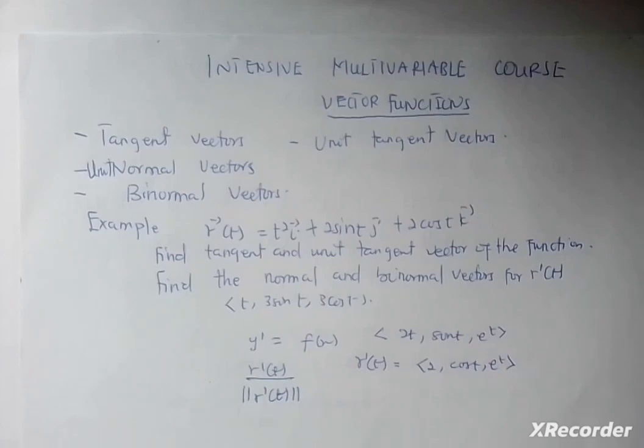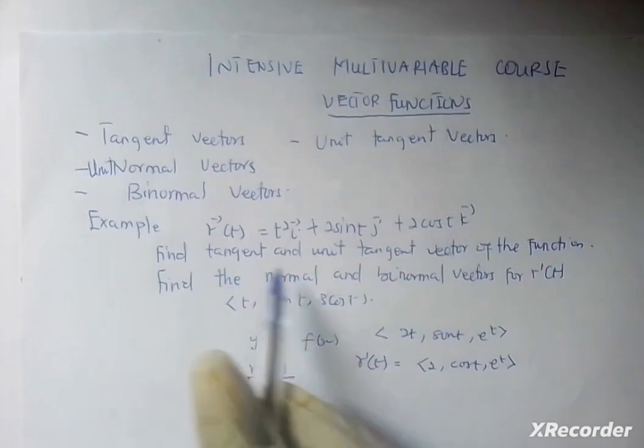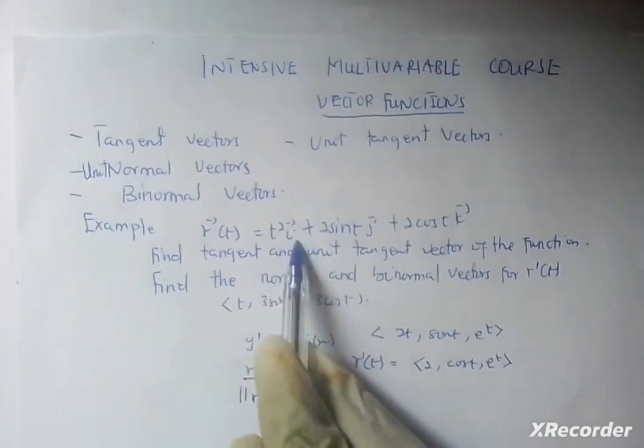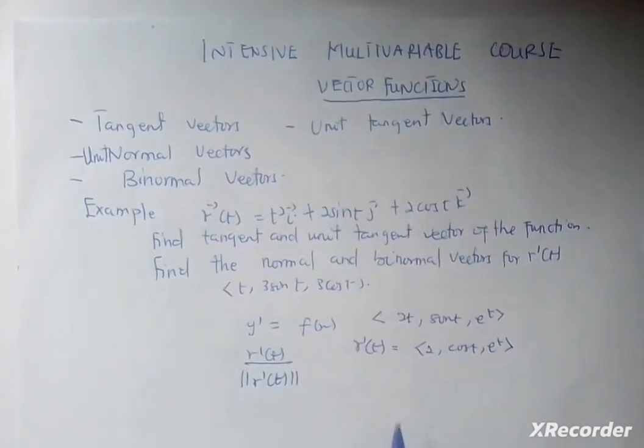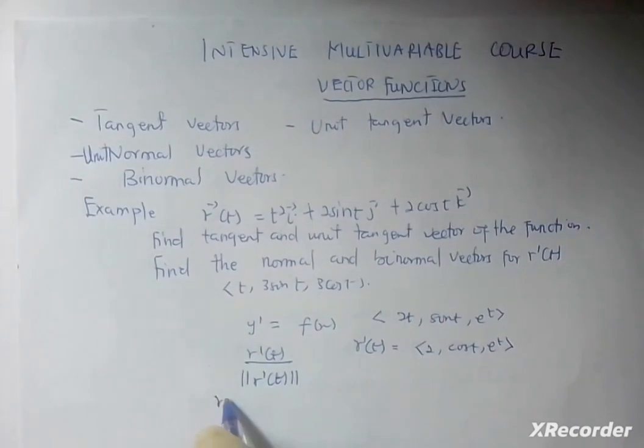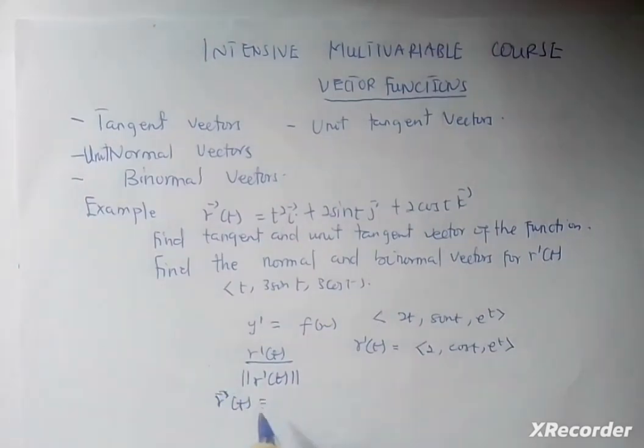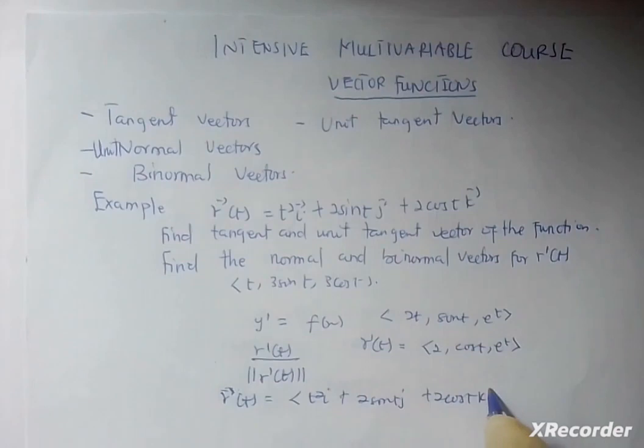Let's solve a single example so that you see how we go about tangent vectors and unit tangent vectors. Say I have a vector function t squared i plus 2 sine t j plus 2 cos t k, and I'm to find the tangent and unit tangent vector of this particular function. How do I do that? First of all, you write the function r of t, don't forget the arrow which indicates the vector function, equal to t squared i plus 2 sine t j plus 2 cos t k.